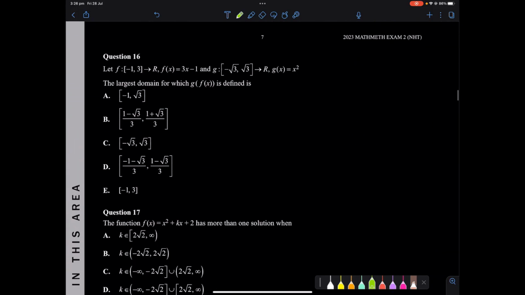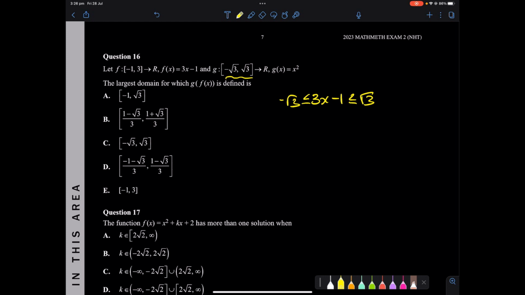Moving to the next question. Let f be this and g is this. The largest domain for which g of x is defined is... Okay, we want the inner function, 3x minus 1, to be between negative root 3 and root 3, the domain of the outer function.